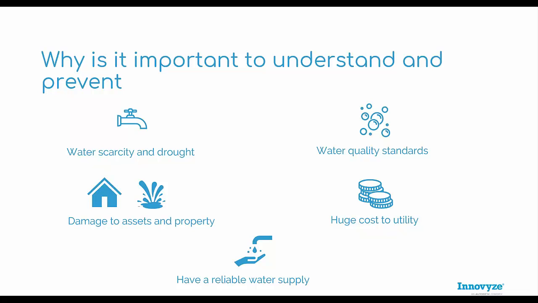When we have a leak or a burst, that can also affect the water quality, with potential ingress into the pipe, as well as the effects of the network changes when we deal with that incident. And so this is something we want to avoid. We want good water quality standards all of the time.